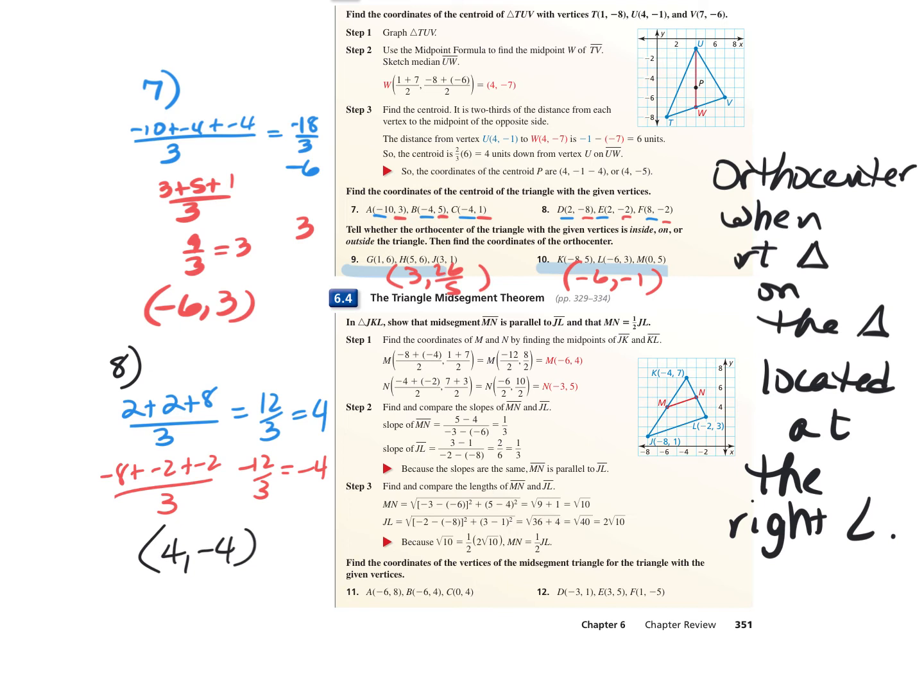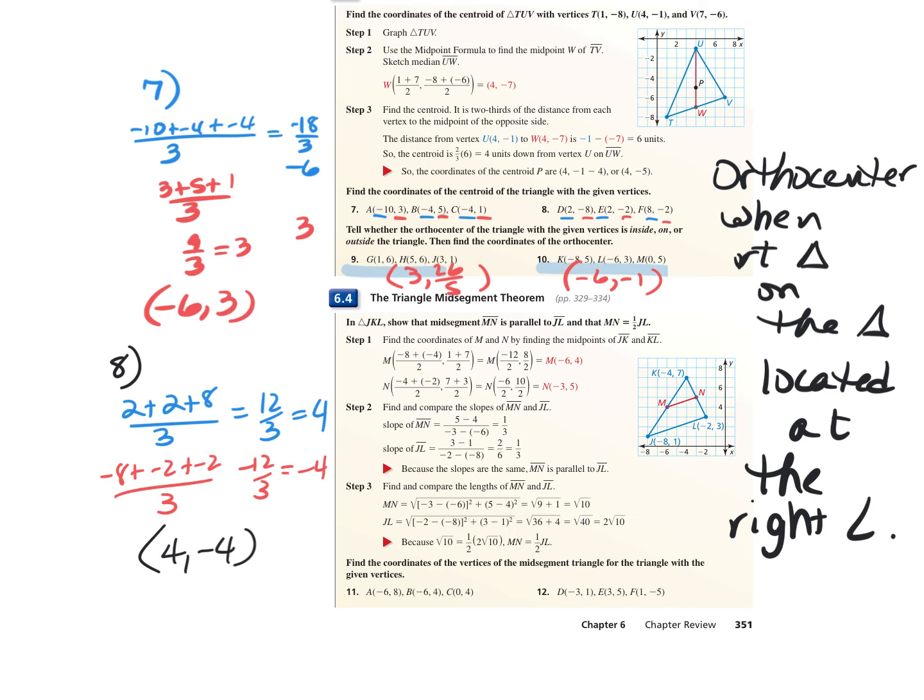Then for 6-4, this is where we learn the mid-segment theorem. And remember, the length of the mid-segment is always half as long as the side of the triangle it's parallel to. However, to find the vertices of the mid-segment triangle that is created, you find the midpoint of each one of the 3 sides of the original triangle.